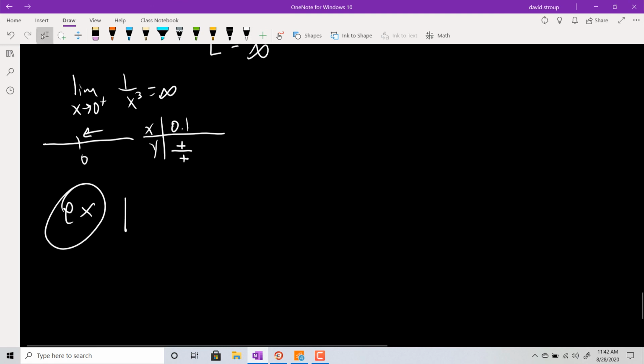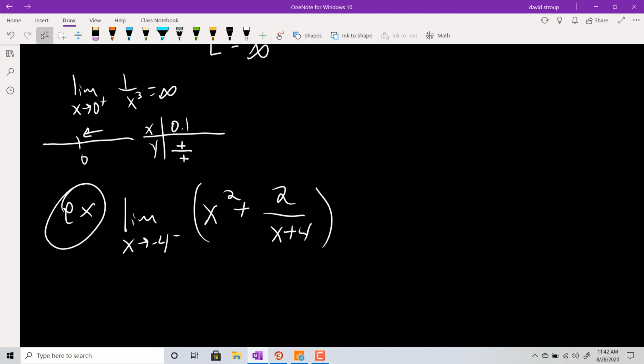Let's look at another example. The limit as x approaches negative 4 from the left of x squared plus 2 all over x plus 4. Again, the issue here is with that second part. So it's L plus or maybe minus infinity. I have to look at the limit as x goes to negative 4 from the left of 2 over x plus 4.